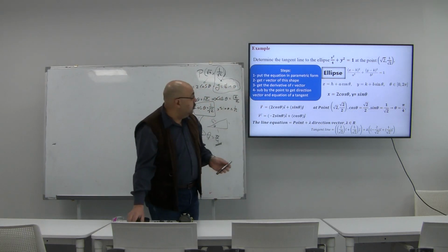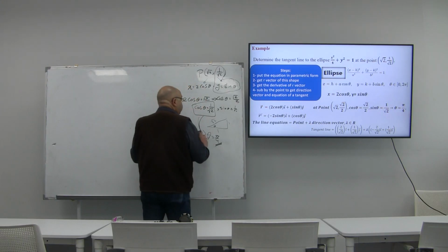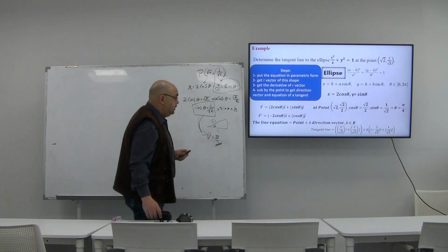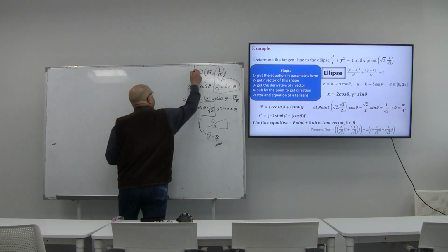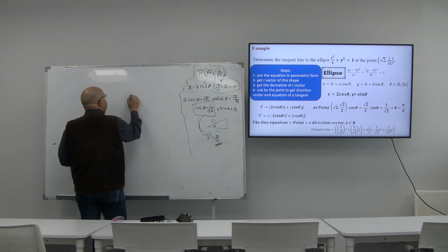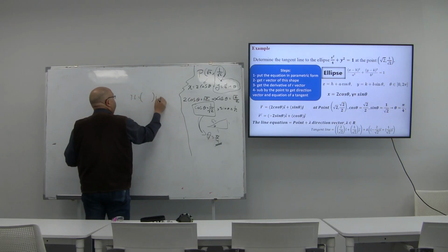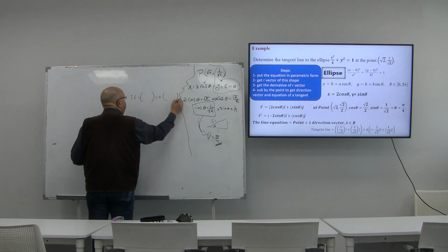If you would like to gather it together to have the i component separate from the j component, we can do that. We can write that the tangent line will be a value of i plus a certain value of j.